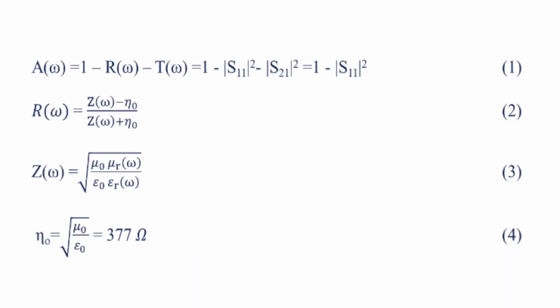Now, our function is to minimize the S11, that is the reflection property. For making the reflection 0, the reflection coefficient is given by this equation, that is Z omega minus eta naught divided by Z omega plus eta naught, where this Z omega is representing the impedance of the proposed structure, that is the absorber, and eta naught is representing the characteristic impedance of the free space.